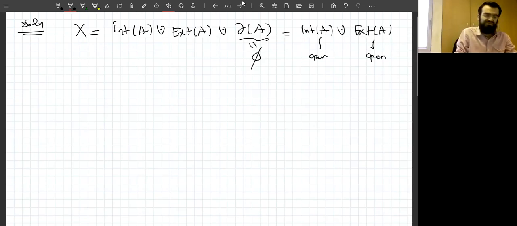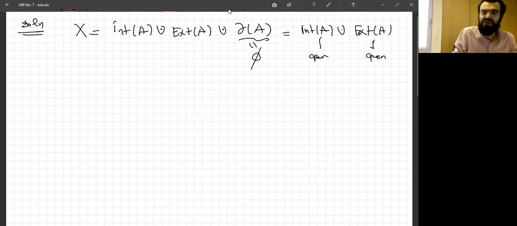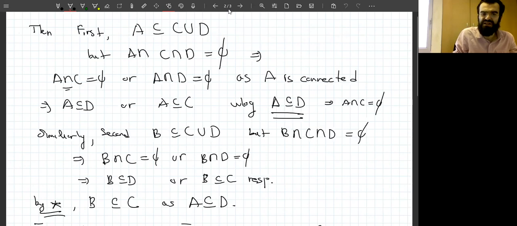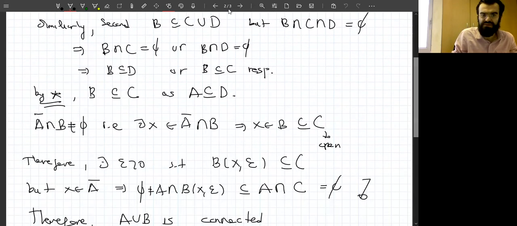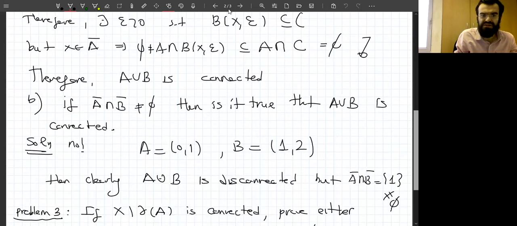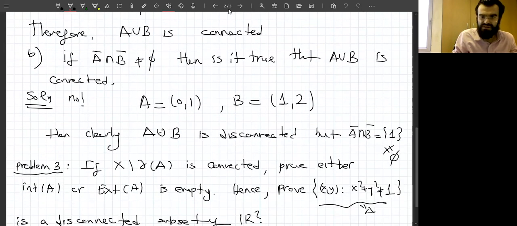In the beginning we take A to be non-empty, in the beginning of the question. Our set A must be non-empty.